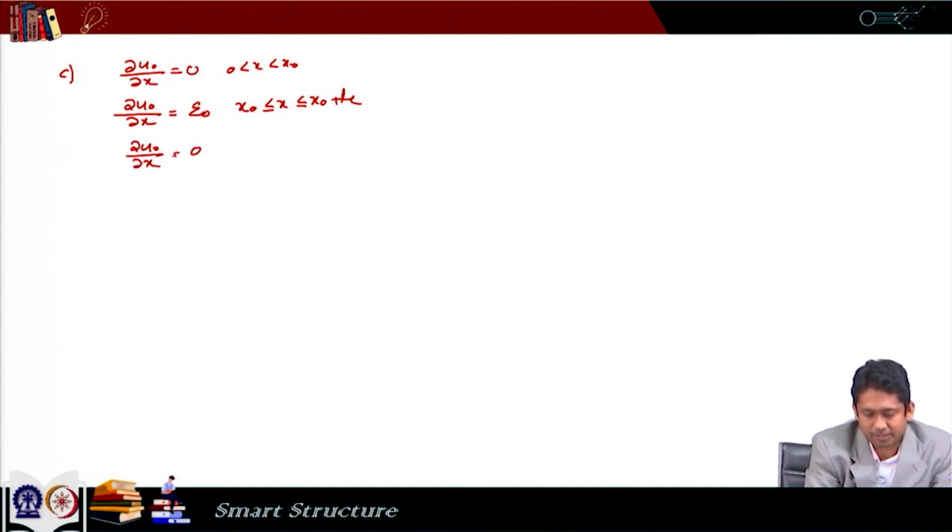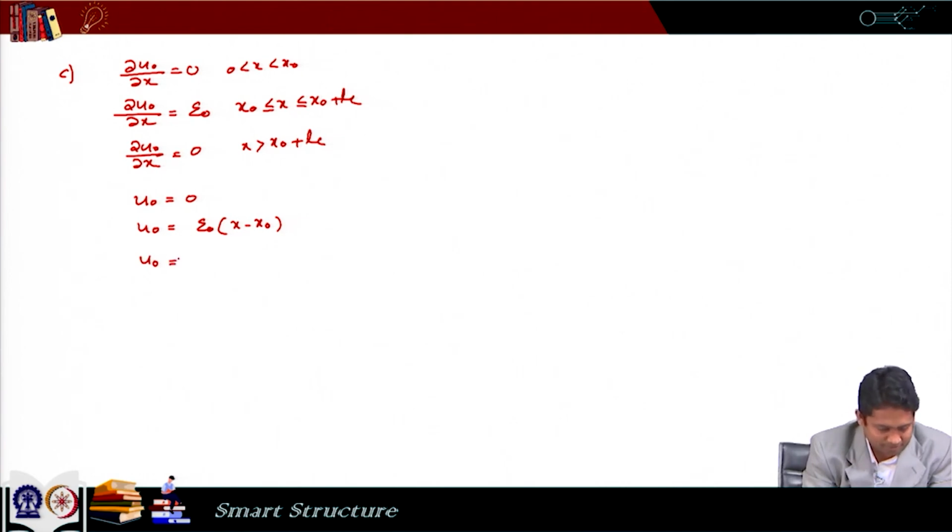So, we apply the boundary condition and the continuity condition and solve the problem. So, u 0 at the beginning is 0, and then u 0 in the zone of the piezoelectric material is this, and then u 0 after that is constant, which is this.